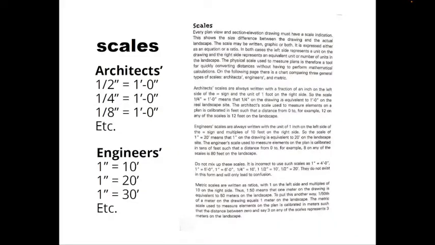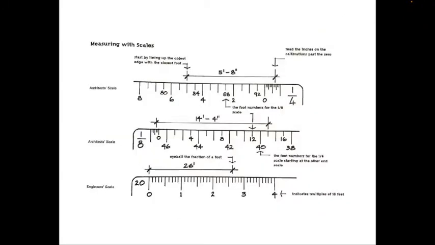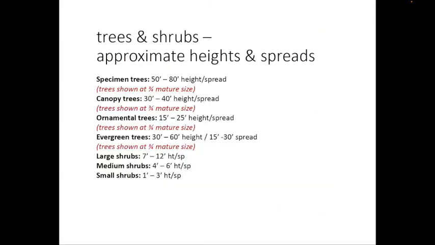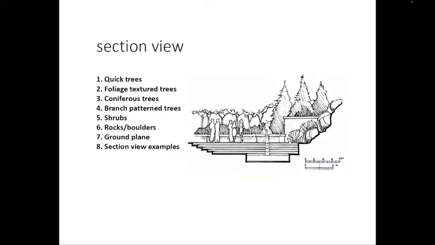Then in section elevation, applying the same thoughts and the same rules of thumb for heights, we can start to describe what happens if we were to cut through the land and pull it away. You all did sections of well-designed objects earlier in the semester.